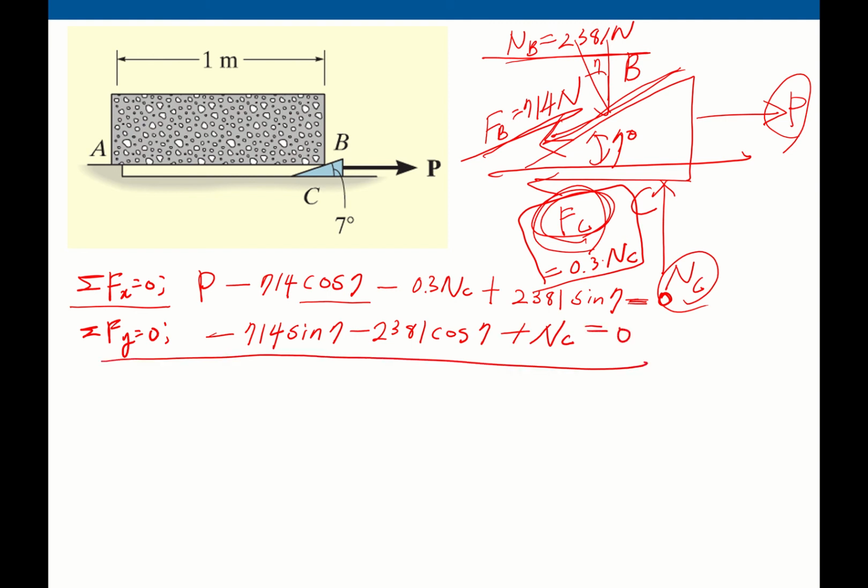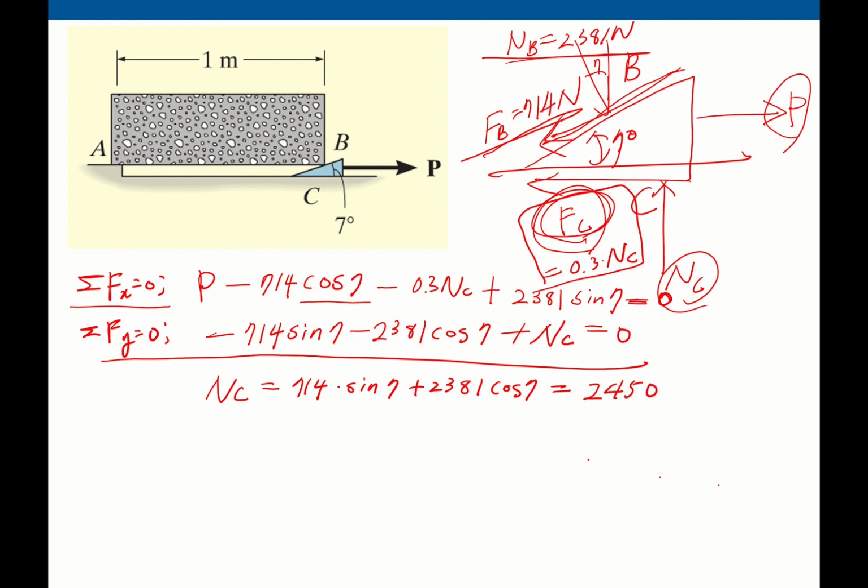From the second equation, we can find normal force C. So normal force at C is 2,450.